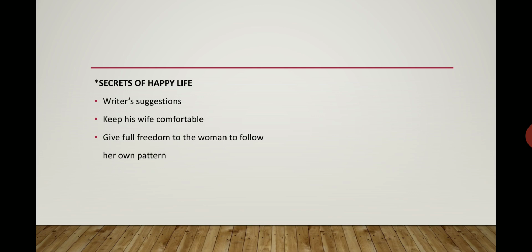In the last point of the chapter, the author gives some suggestions to the married man, and says that a man should keep his wife comfortable, and in this way a woman can contribute to the happiness of the family life. And he also suggests that man should give the woman full freedom to follow her own pattern within limits.